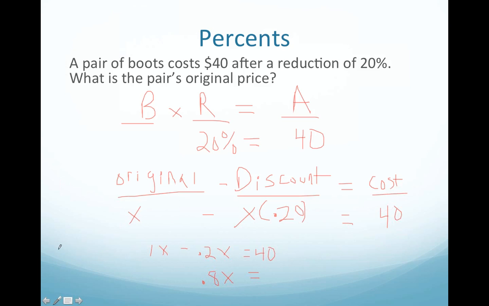And the way I came up with the 0.8, I just took $1 and I subtracted 20 cents from it, like that. And that's how I came up with the 80 cents. I'll put a 0 back here because that'll work out.